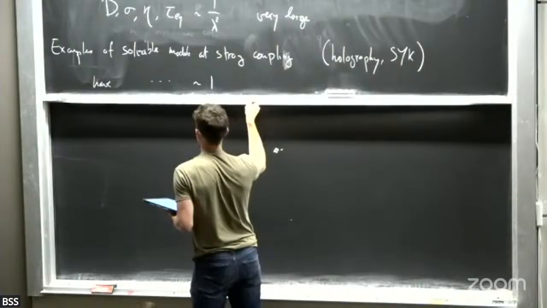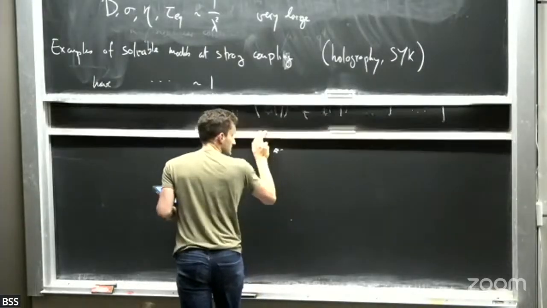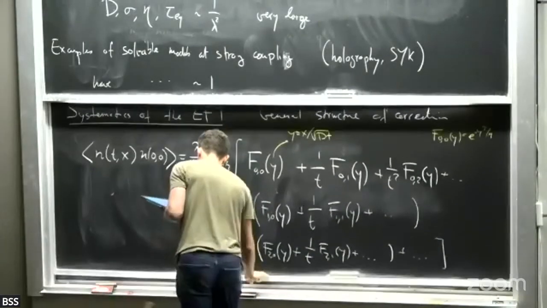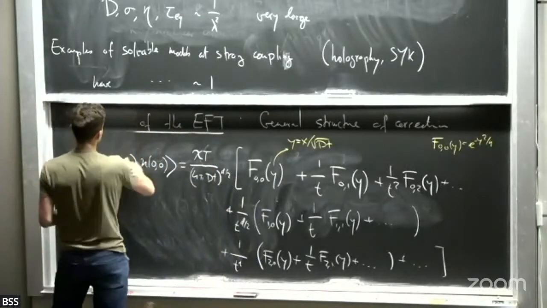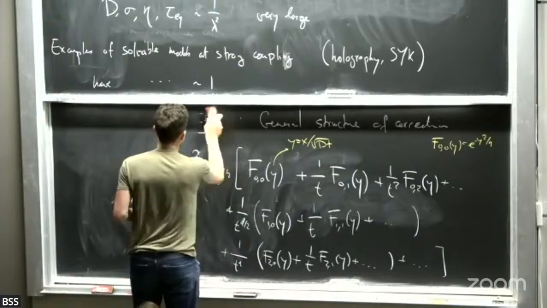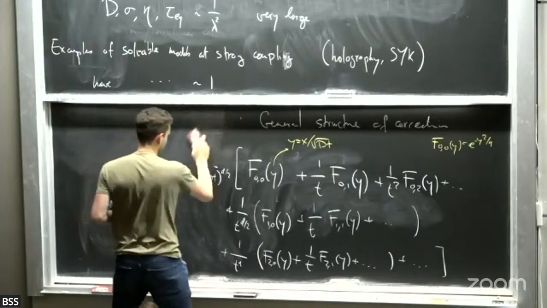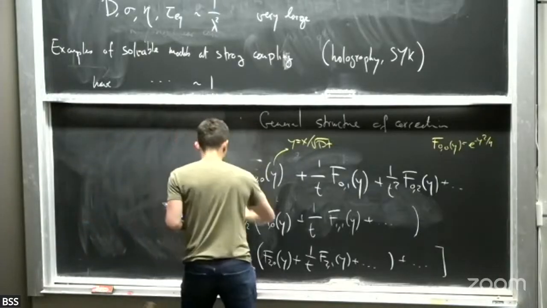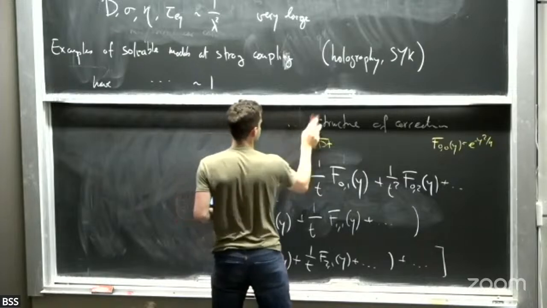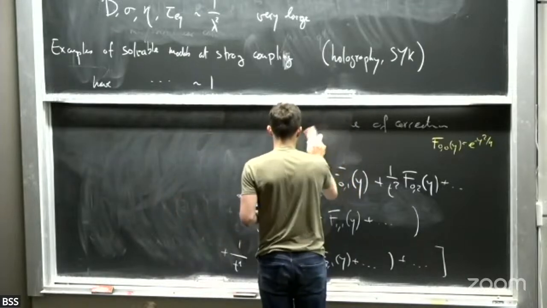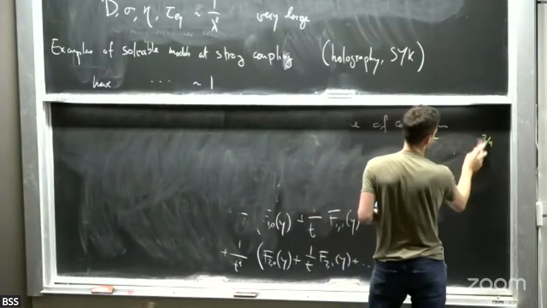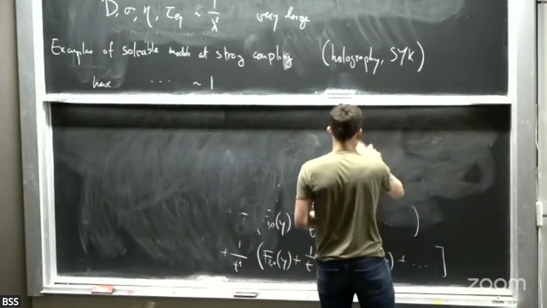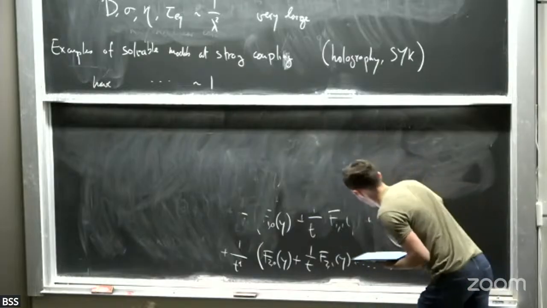So these are very interesting points. They may or may not be generic, but they at least suggest that transport doesn't keep on, thermalization doesn't keep on happening faster and faster. There seems to be a limit, at least in the examples that we can study.